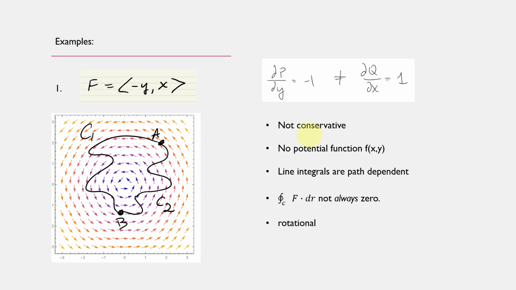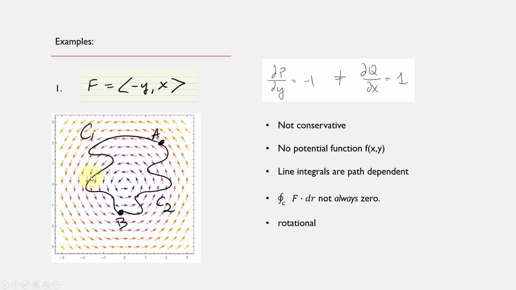So here's a picture of that scenario. Imagine I picked an arbitrary point A and some other arbitrary point B, and I imagine some path through the vector field. And if I compute the line integral, what I'm doing there is basically adding up the components of the field vectors that are tangent to the path. So it looks like we're going along with the flow of this vector field through this path C1.